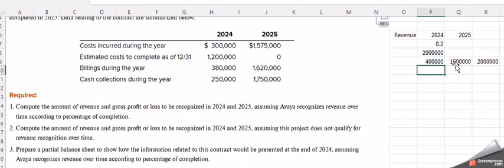So we did. Okay, then our gross profit is going to be based on what revenue we have. So our revenue that we are recording is the 400,000 in 2024, the 1,600,000 in 2025, then less our costs. So in 2024, again, looking back at the table, our costs are 300,000.